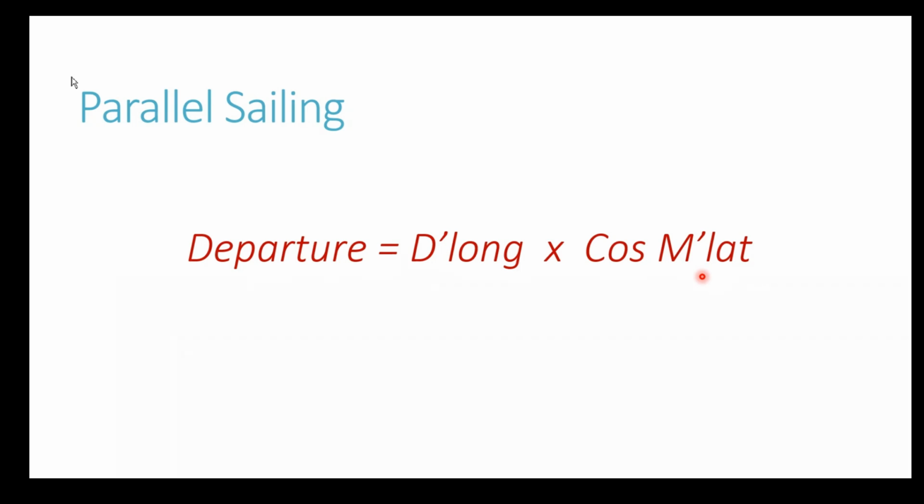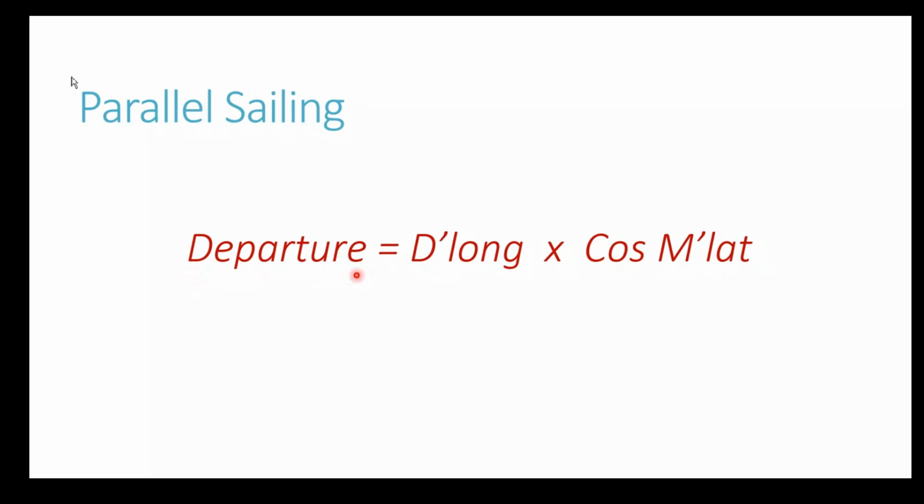Both latitudes are the same. For plain sailing, when we use this formula, we take a mean of the latitudes of initial and final positions. That is why the term M lat or mean lat. This formula can also be remembered as departure upon d long equal to cos of m lat. So whichever way you are comfortable with.